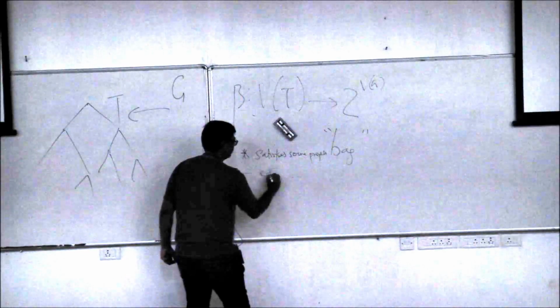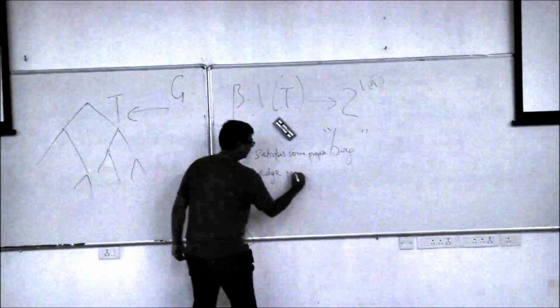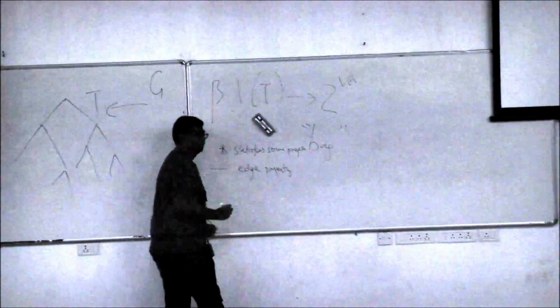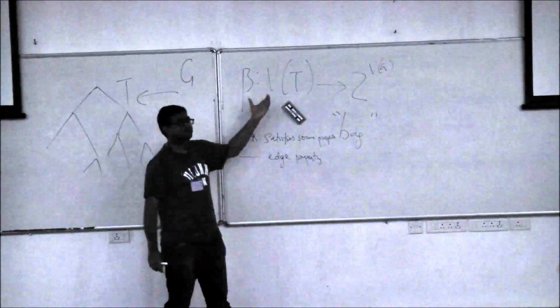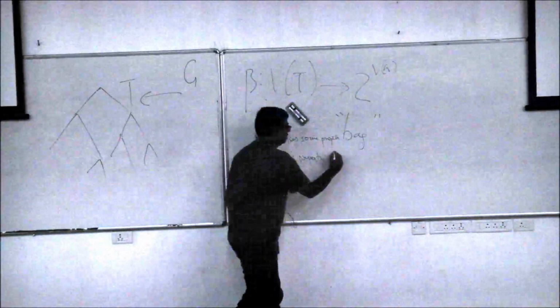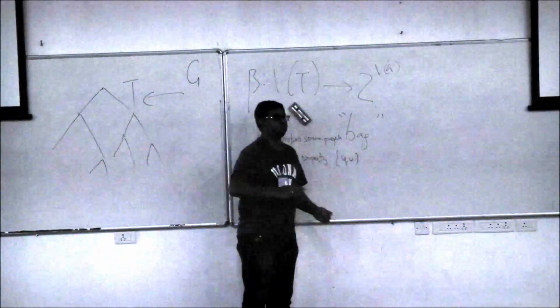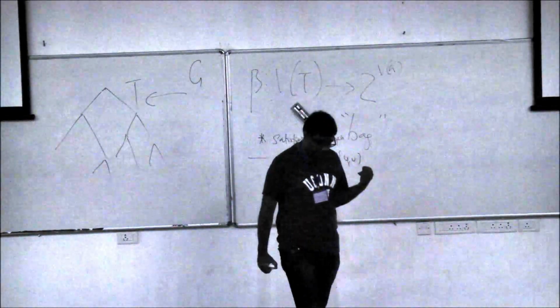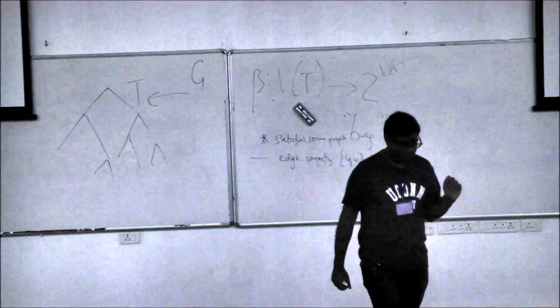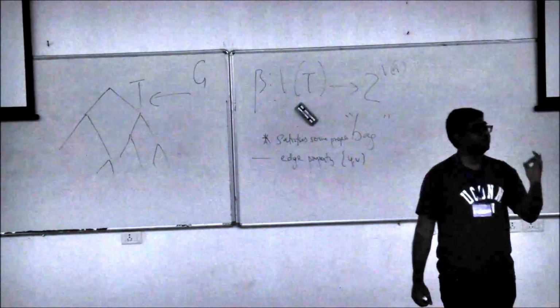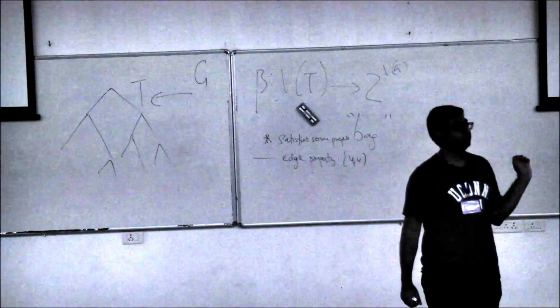So the first property, let's call it the edge property. What is the edge property? For every edge, there exists a node such that beta of that node contains both u and v. So this is what I mean by the edge property. What else? Look at any vertex of your graph.